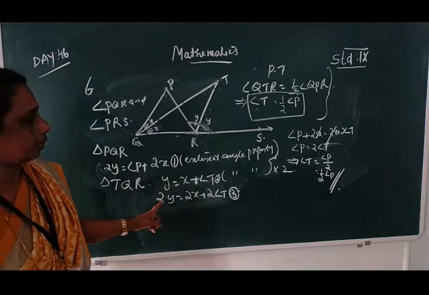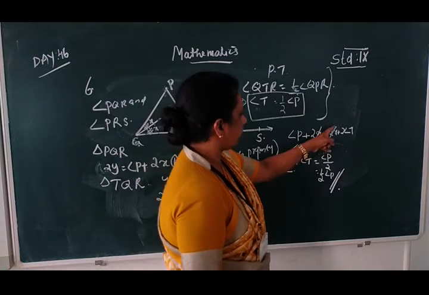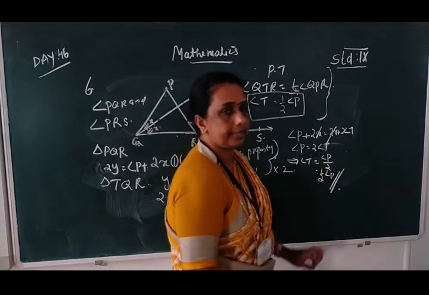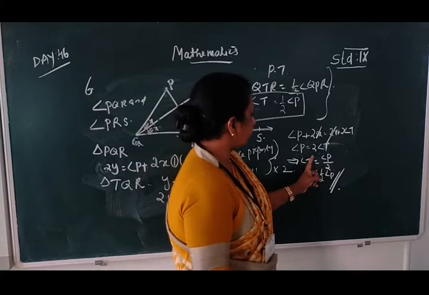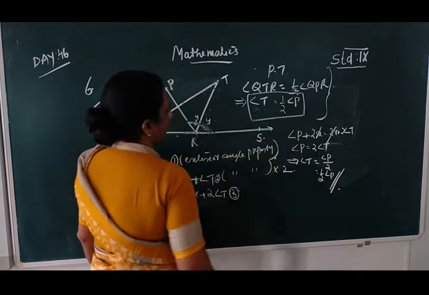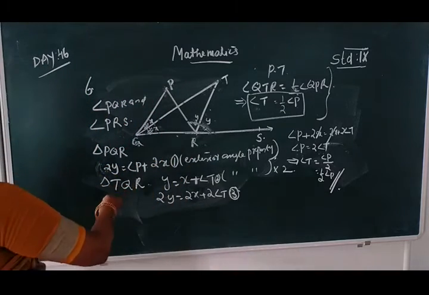From these two equations, we are equating the right hand side. We get, on both sides 2x cancels, and we get angle P is equal to 2 into angle T. So angle T is equal to angle P by 2. Then what is angle T?